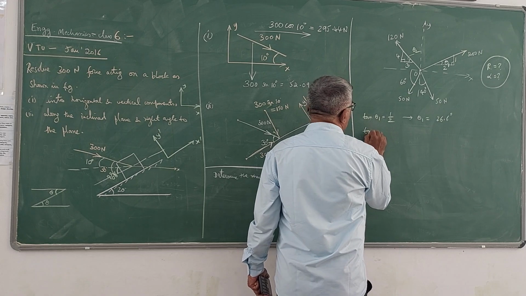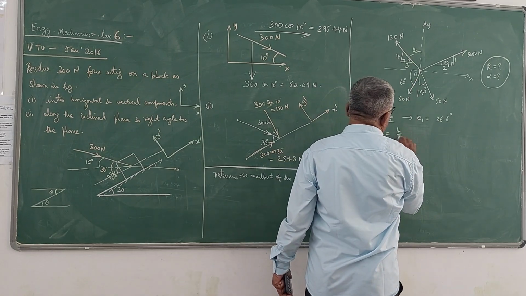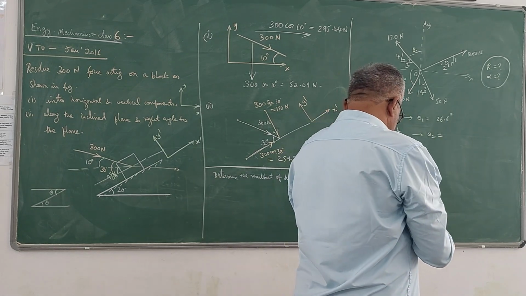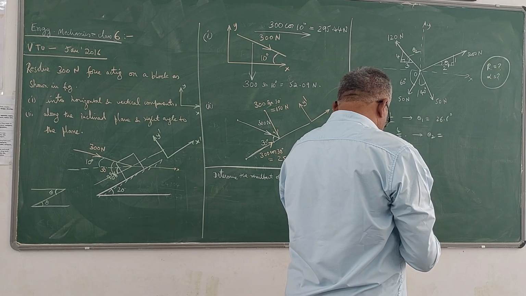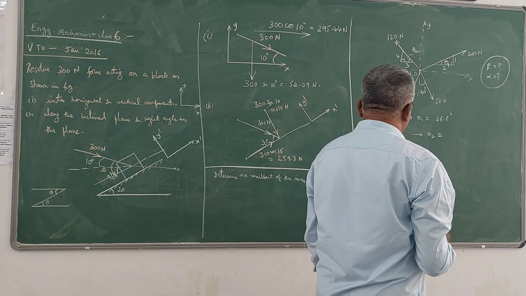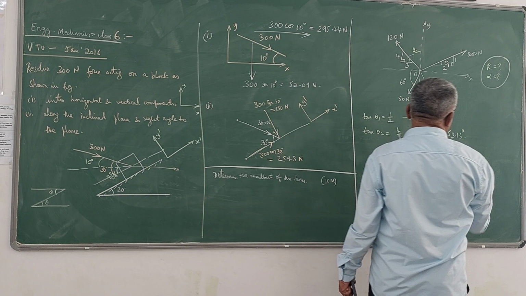Then tan theta 2 is vertical by horizontal, 4 by 3. So theta 2 is tan inverse of 4 divided by 3, which is 53.13 degrees. So these angles must be found out.